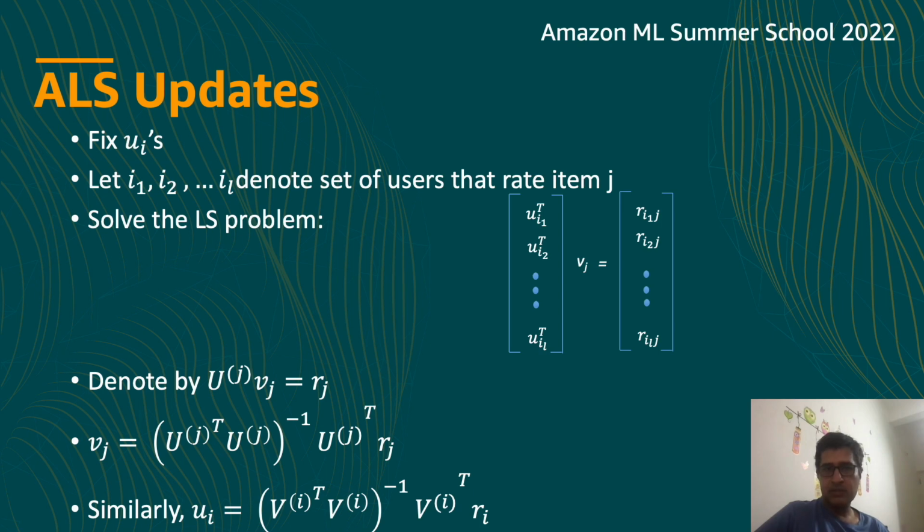So then, just to be clear about it, first you fix the U's, and then given the U's, you solve for the V's, because the ratings are observed, right? You already know what the ratings are, and then correspondingly, once you have realized the V's, you back propagate, and then you try and estimate what the U's look like.